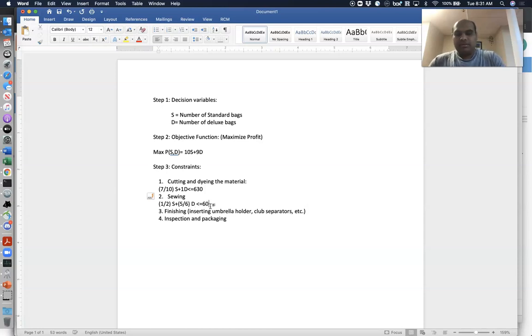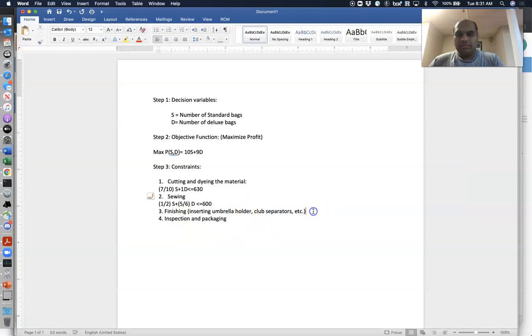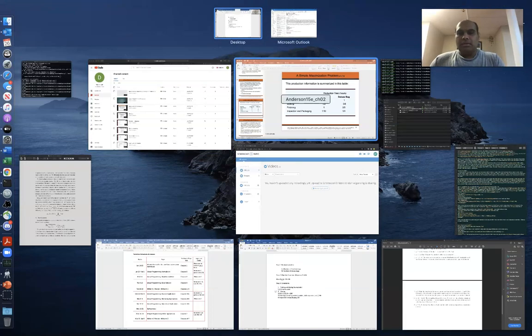That's the data. I'm just writing the hours for the other constraints, 708 and 135, so that I don't have to keep going back again and again.